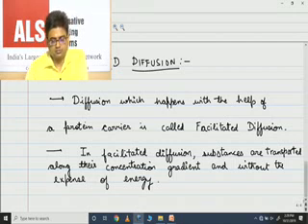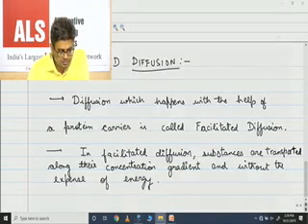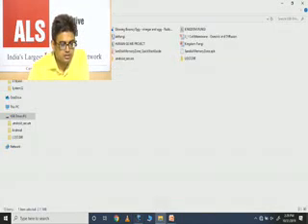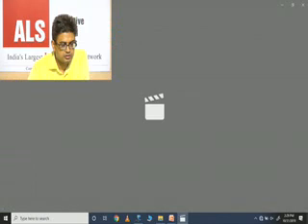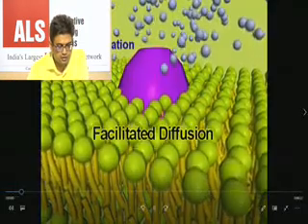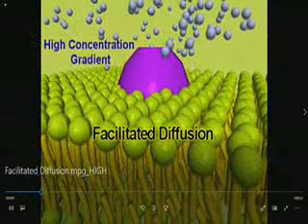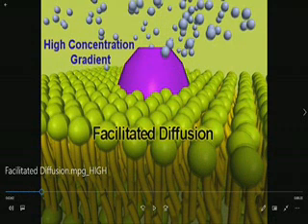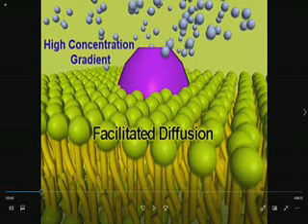Okay, how? One more thing. Let me play this video again, and I'll explain along the way. Look, you can see that there is a protein channel here, and a protein channel is basically like a tunnel. Along the concentration gradient, this substance which is present on the outside cannot cross the membrane by itself.